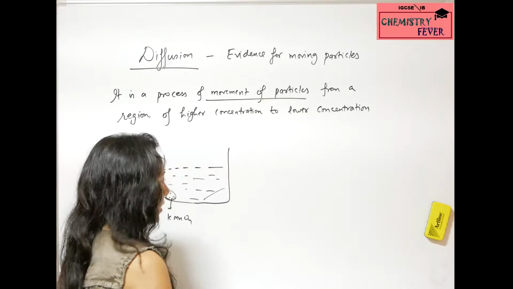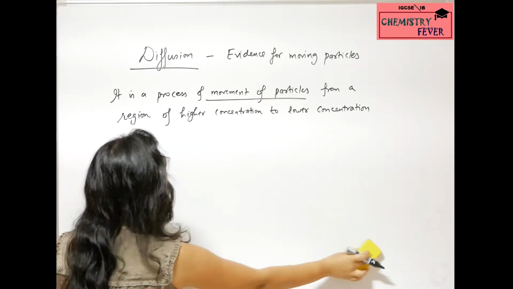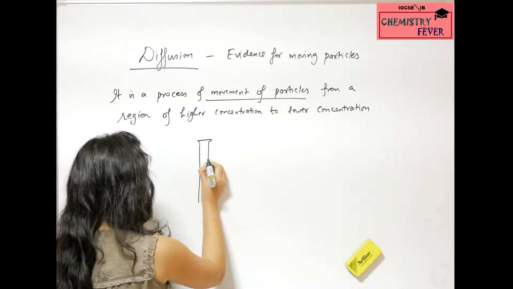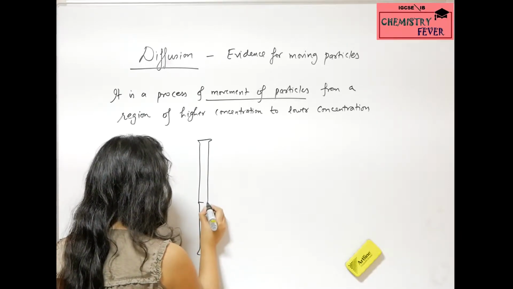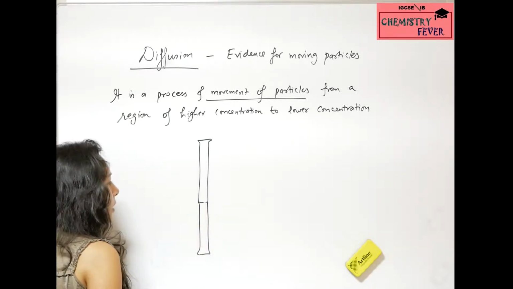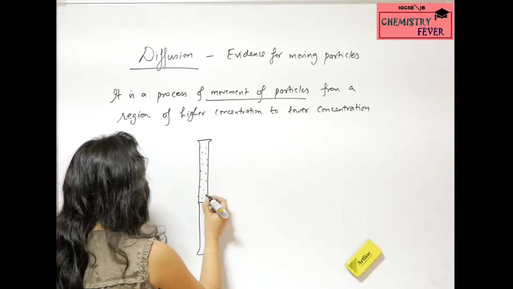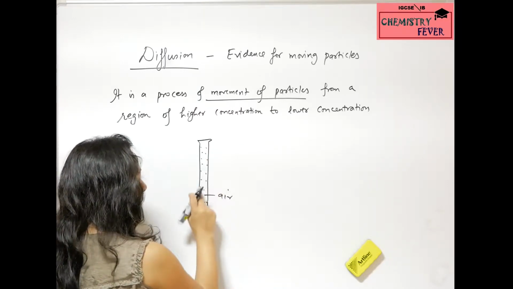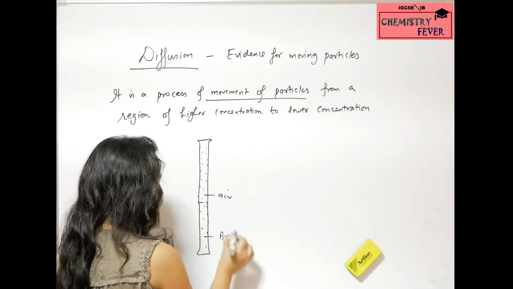So let's take another example. This example you will see in many of your practical or alternative to practical papers. These are two containers, maybe two measuring cylinders, okay? Say in one region there is only air, and here you have filled bromine gas.